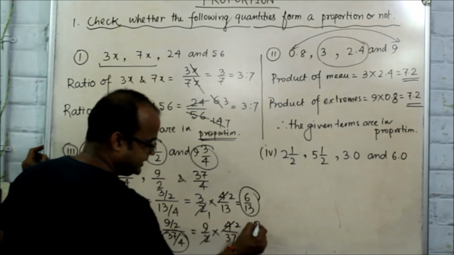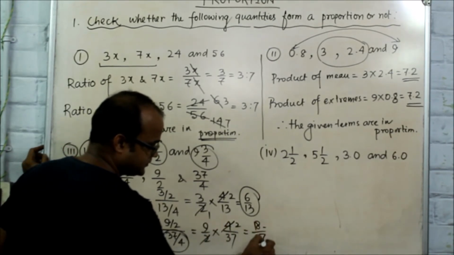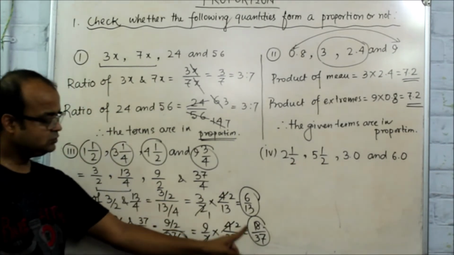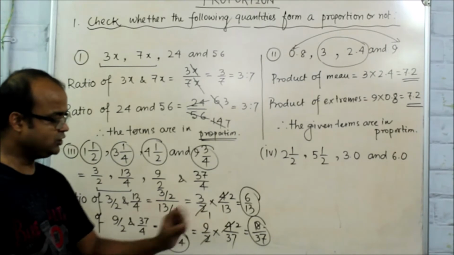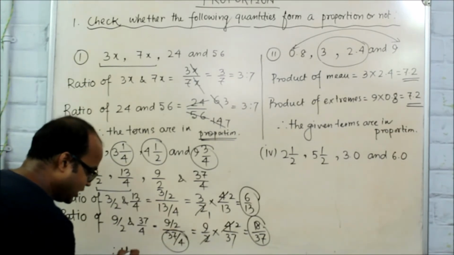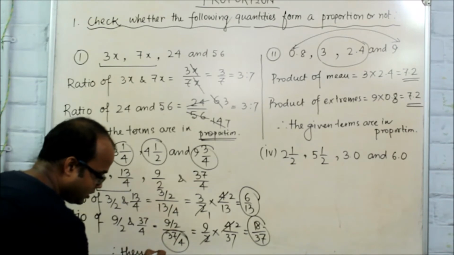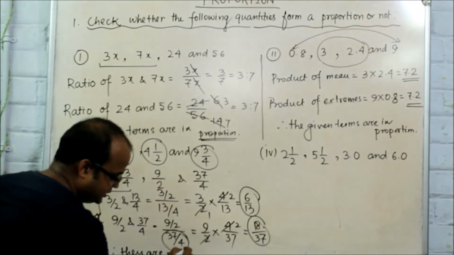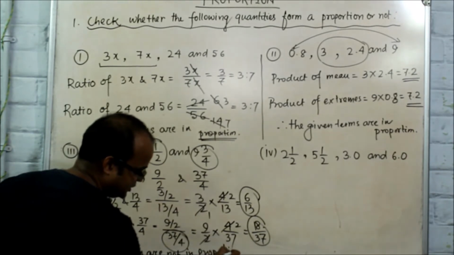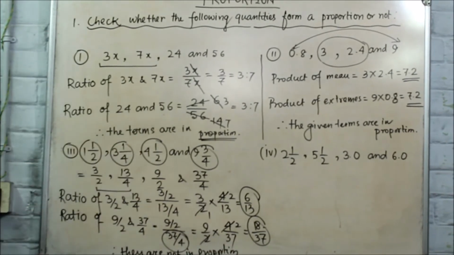So it is 18 by 37. Are they equal? No. 6 by 13 is not equal to 18 by 37. So we can say they are not in proportion. I hope you are able to see it. They are not in proportion.